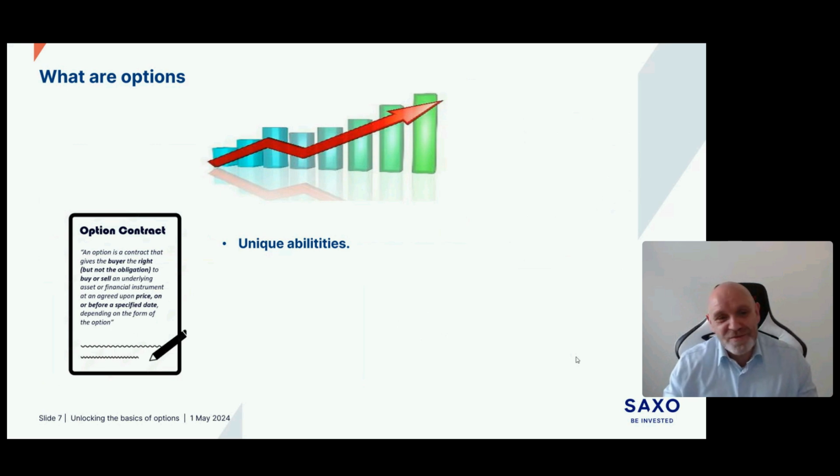We have some unique abilities. You can buy options that speculate on the fact that the underlying will go up, but you also have options that count on the fact that the price will go down.